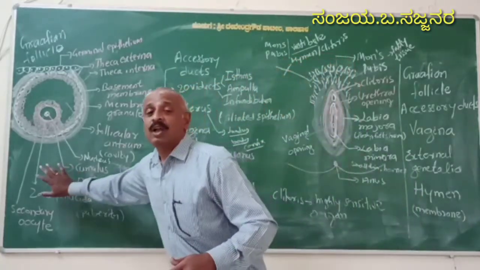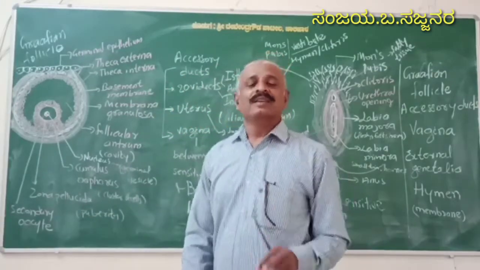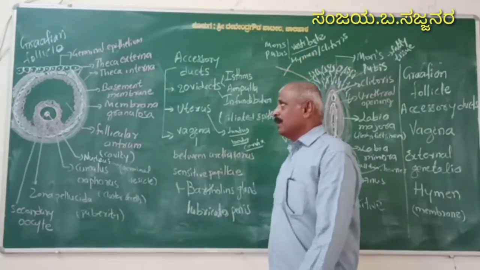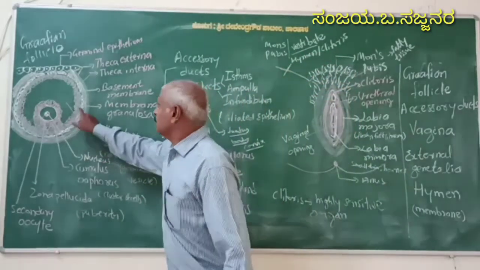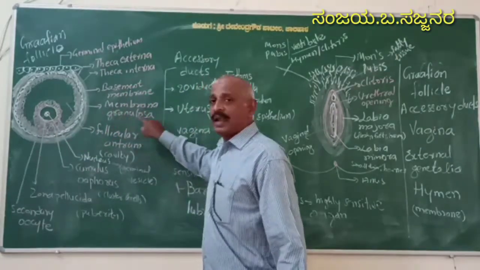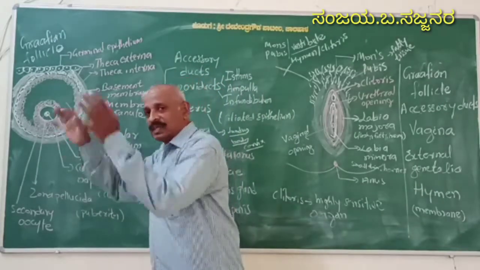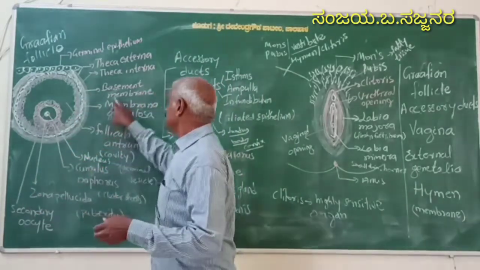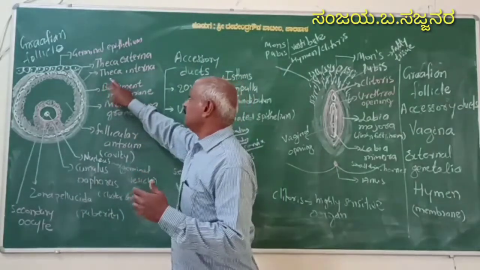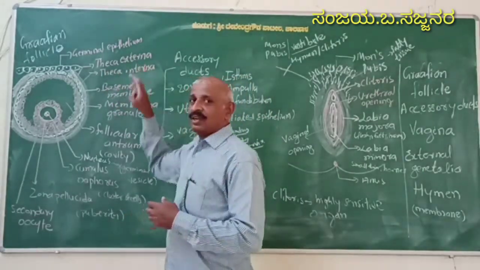Don't worry, they are not asking this Graafian follicle for your examination. It is just for your knowledge. After that, the cover we call the membrana granulosa, and outside that it is surrounded by the basement membrane. Above that, it is enclosed by the theca interna, and outside that the theca externa.